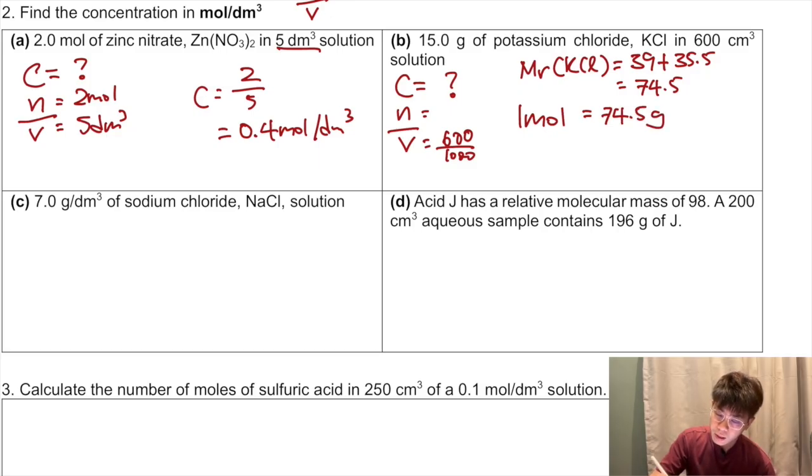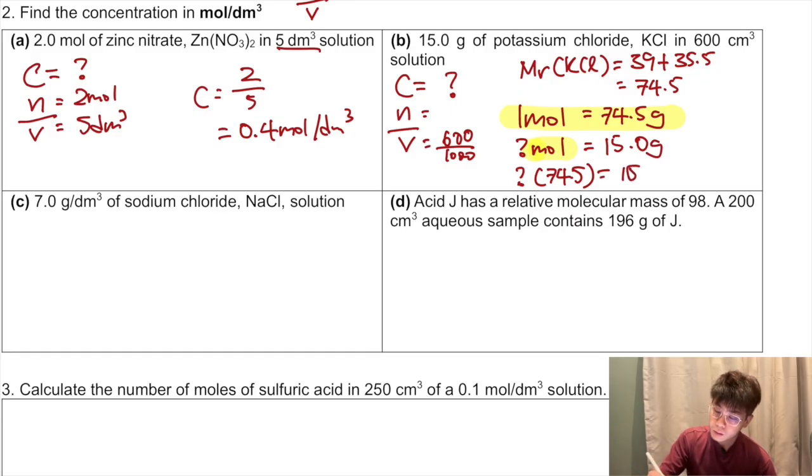So now I have 15.0 grams, and I want to find out how many moles that is. So I can again substitute the whole mole inside mole. So mole substitute mole. Always mole substitute mole. So question mark times 74.5 is equal to 15.